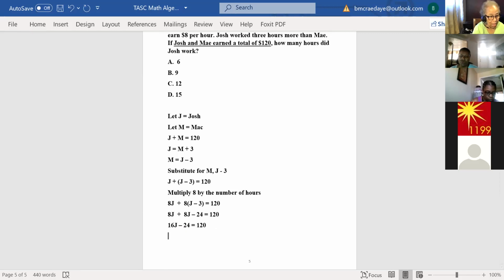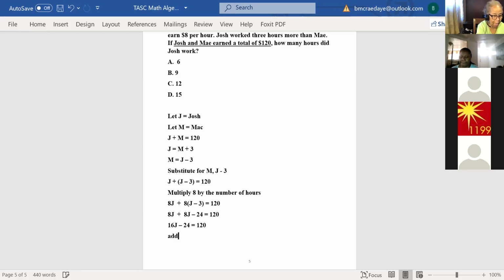So what's the opposite of subtraction? No, Michelle, what's the opposite of subtraction? The pairs are addition, subtraction, and multiplication, division. So the opposite of subtraction is addition.